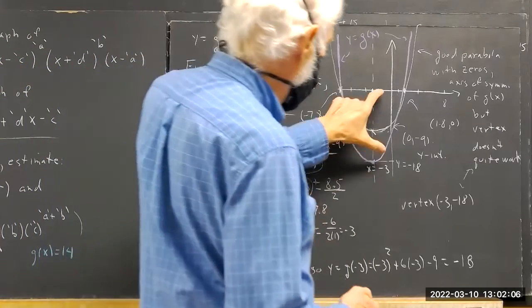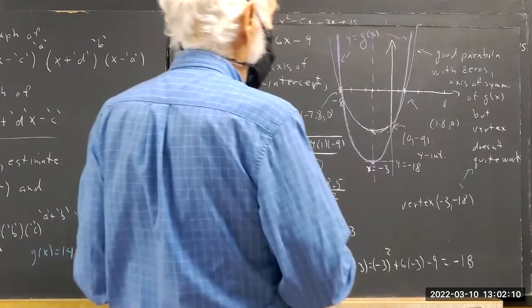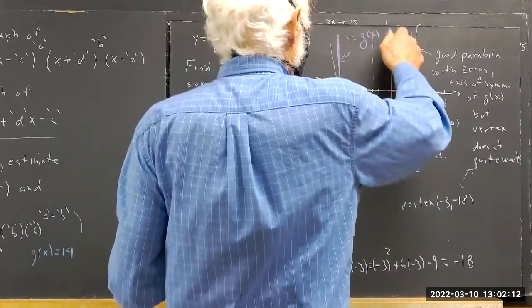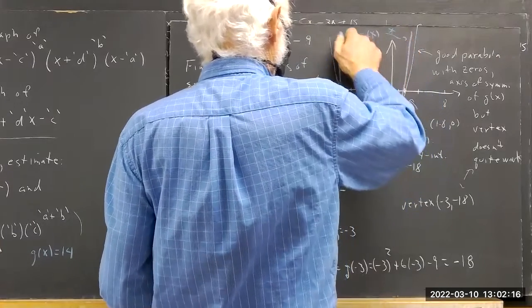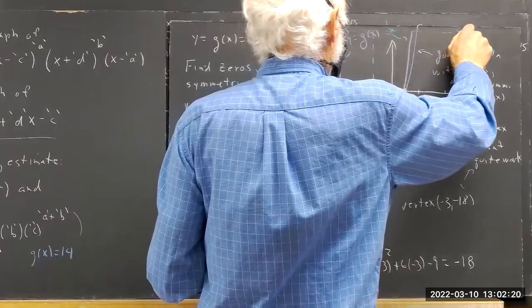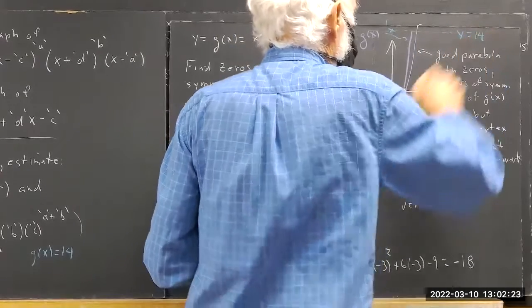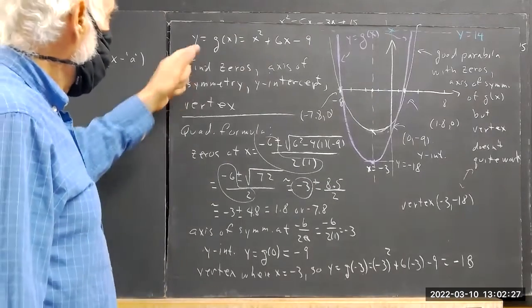So 14 is about this big. Let's just say 14 is here. That's a little low compared to the scale I have. Here's a line where y equals 14, and of course, y equals g of x.